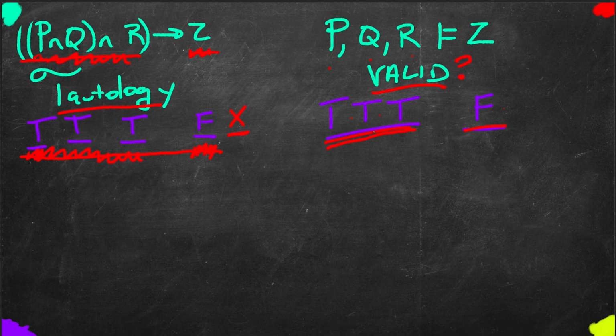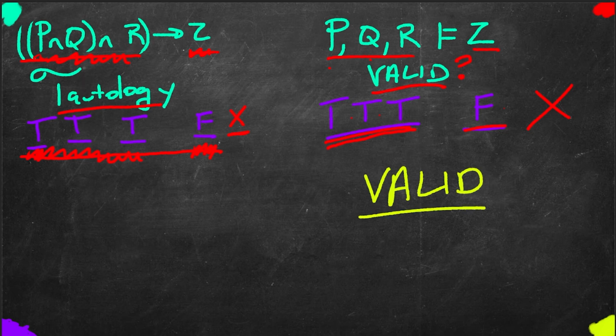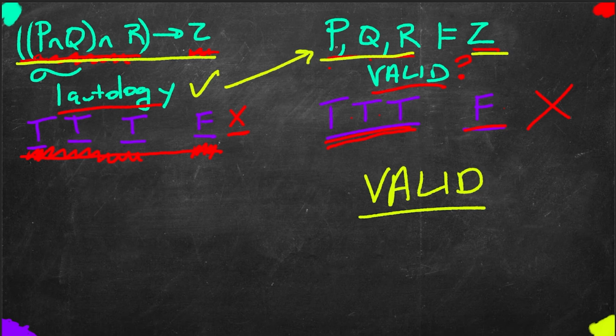Well, that would be the exact truth values we would need in order to make this argument invalid. And so since this set of truth values is not allowed, given our assumption, the answer to this particular question would be yes, the argument is valid. So if this formula is a tautology, then we have a valid argument where the premises P, Q, R entail Z. Let's look at one more.